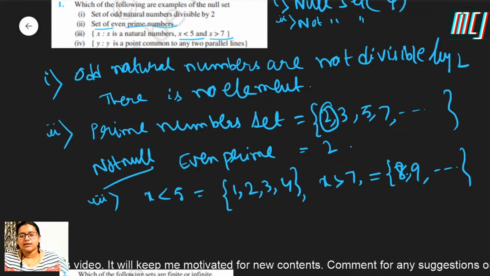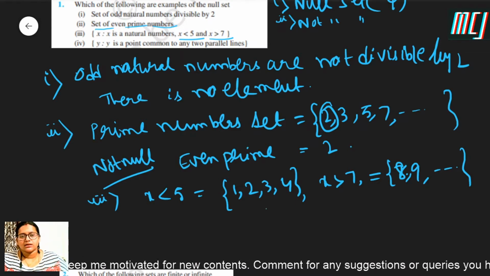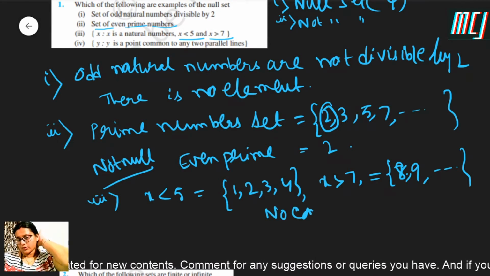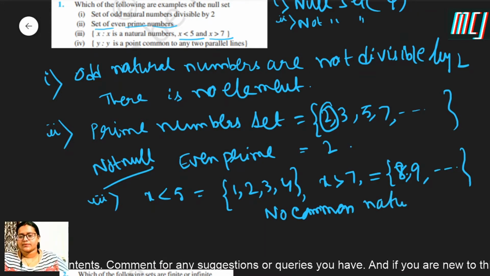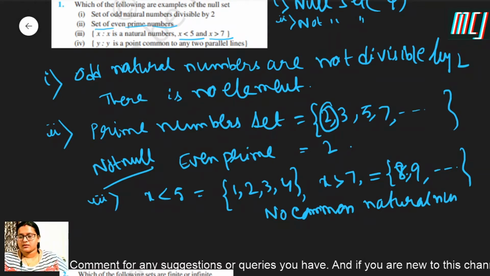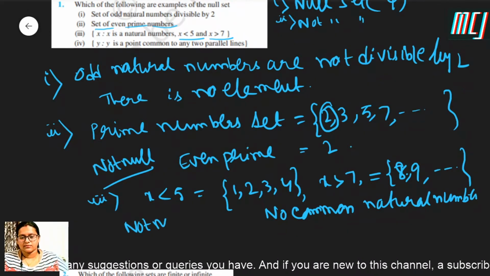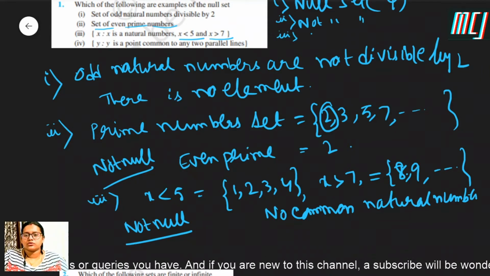So their intersection has no common point, right? No common natural number we can write. Clear?